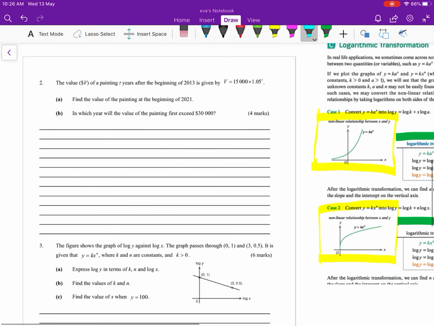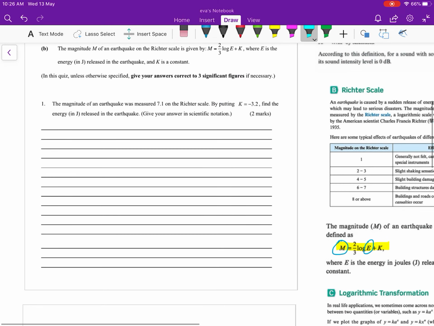Okay, so let's look at the answer of each question. First one, this is the magnitude of an earthquake, which is 7.1 on the Richter scale, and K is given as negative 3.2. We have to find the energy released in the earthquake and give your answer in scientific notation.